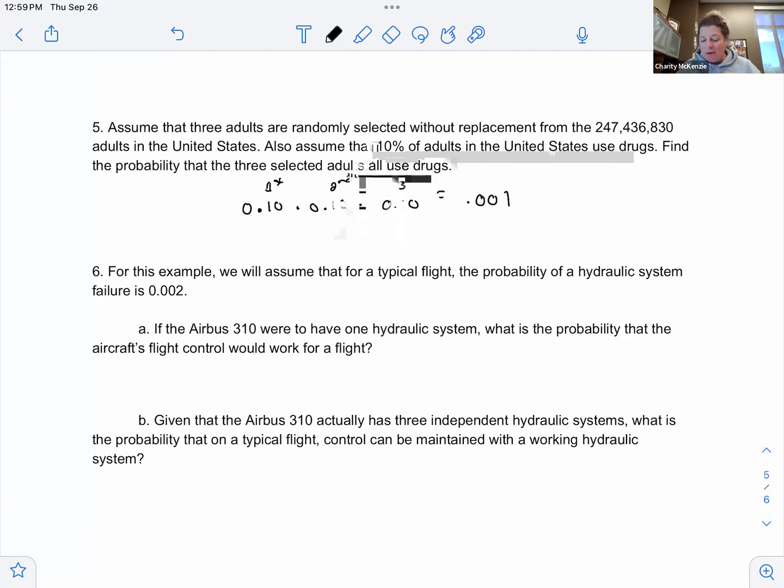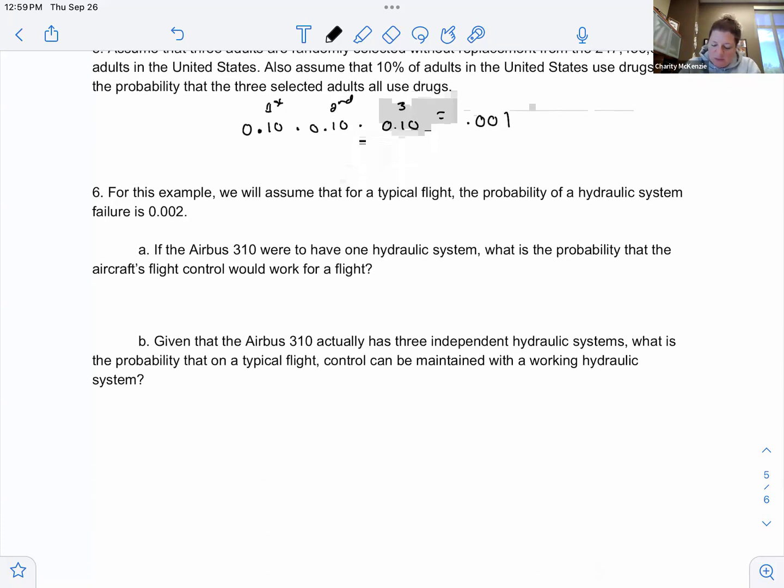I didn't want to do it the other way because I want to treat it as independent. All right, next one, last one's a little bit tricky too. This one says that we will assume for a typical flight, the probability of a hydraulic system failure is 0.002.